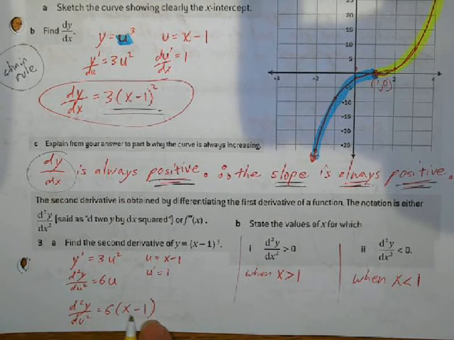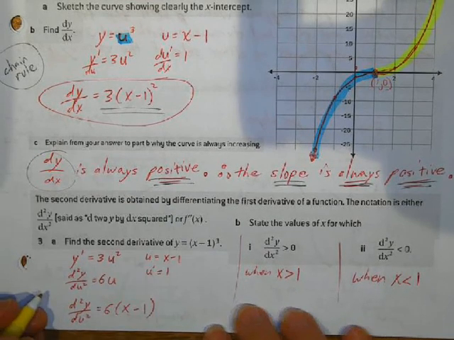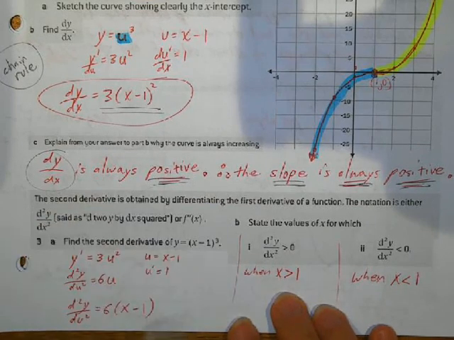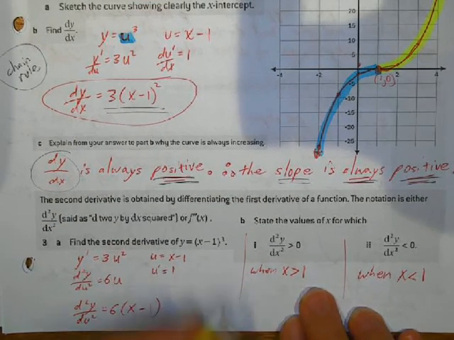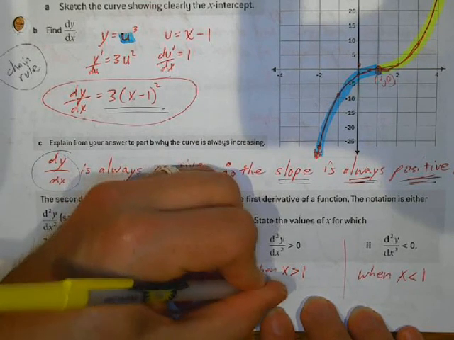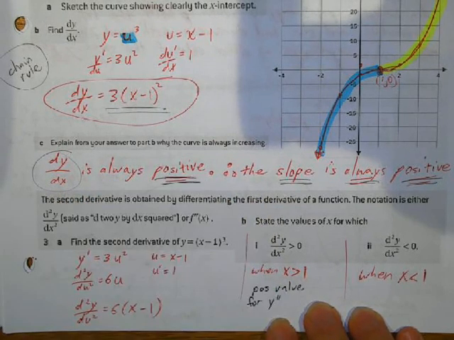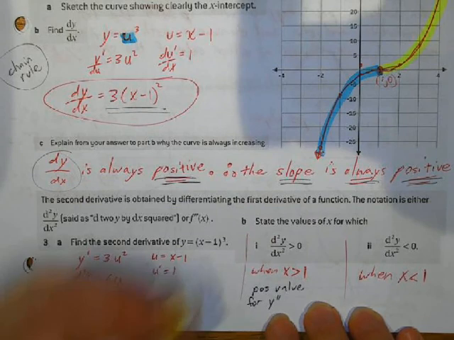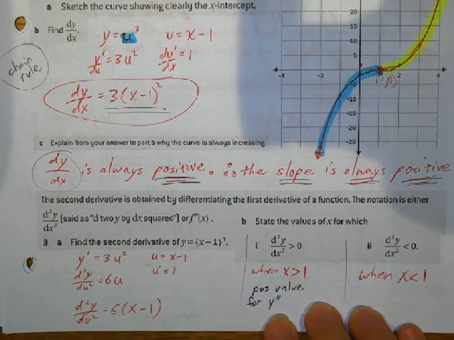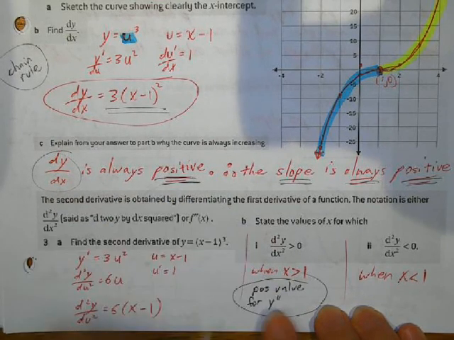So when x is 1 or greater, we're going to have a positive value for the second derivative.